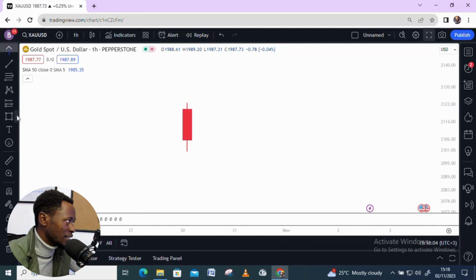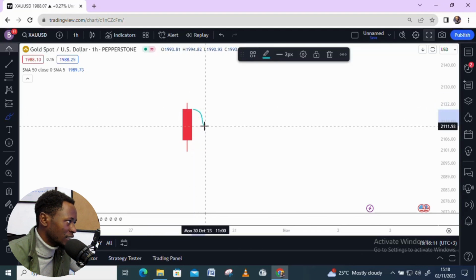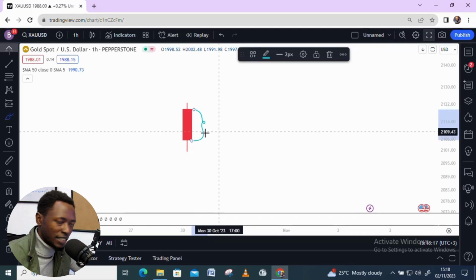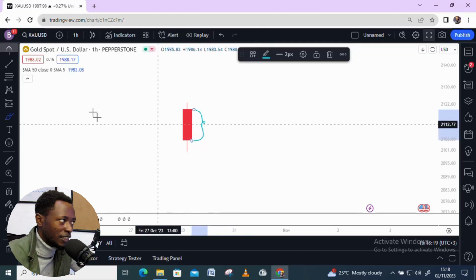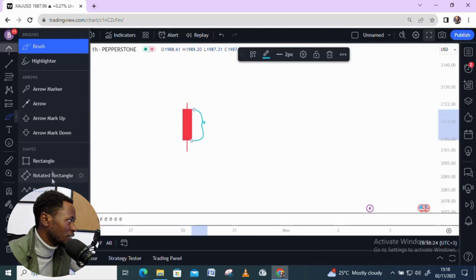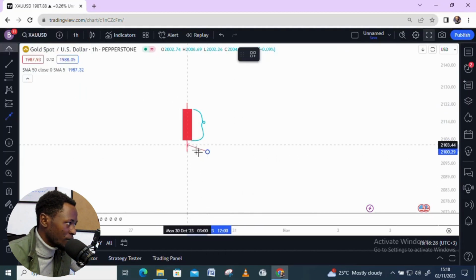Let's identify it, from this point right here, that is the body of the candlestick. These are the wicks of the candlestick.